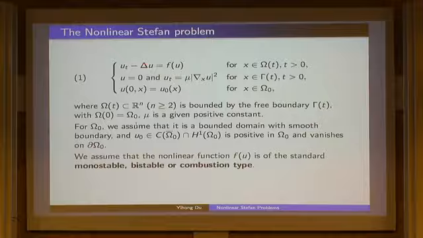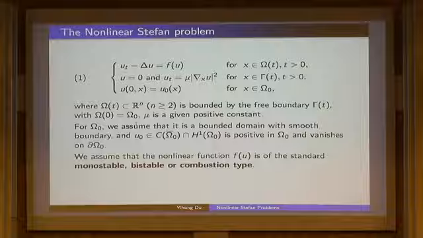So this is a typical semi-linear problem on a changing domain with the Dirichlet boundary condition, and this equation governs the evolution of the free boundary. And this actually is the usual one-phase Stefan boundary condition.